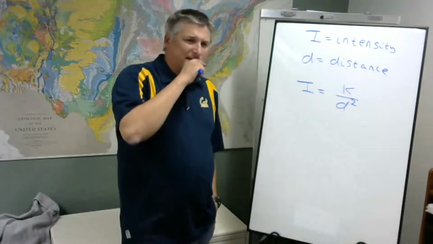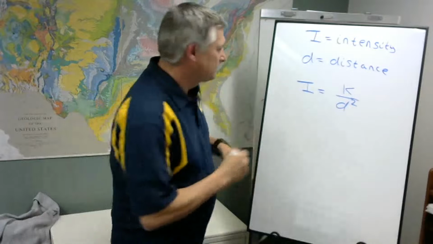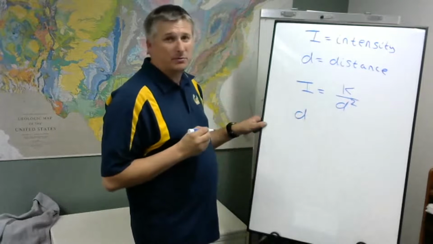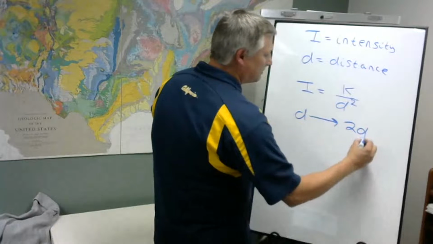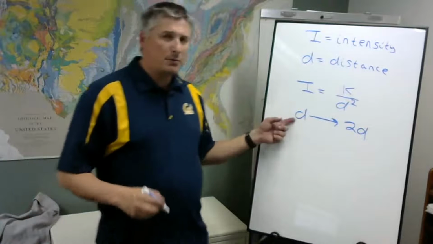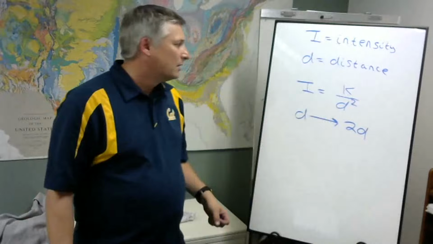So what we're going to do is this. Let's say we change our distance. Instead of being a distance D away from the speaker, we're now a distance 2D away from the speaker. Now we know when we're a distance D away, that's our intensity.